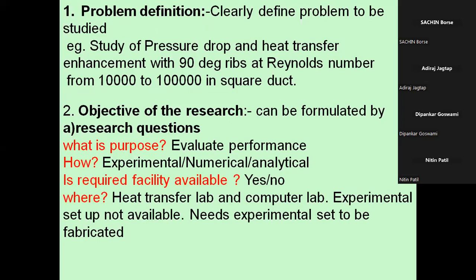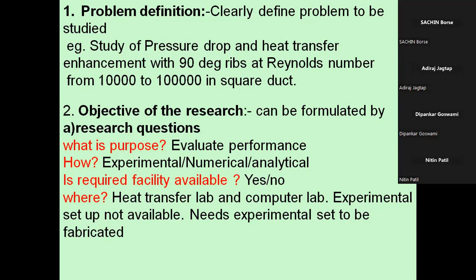Our research starts with the research problem. That is, we have to define the problem. Please understand why we say problem, because this is a question in our mind that we have to solve after conducting the research.